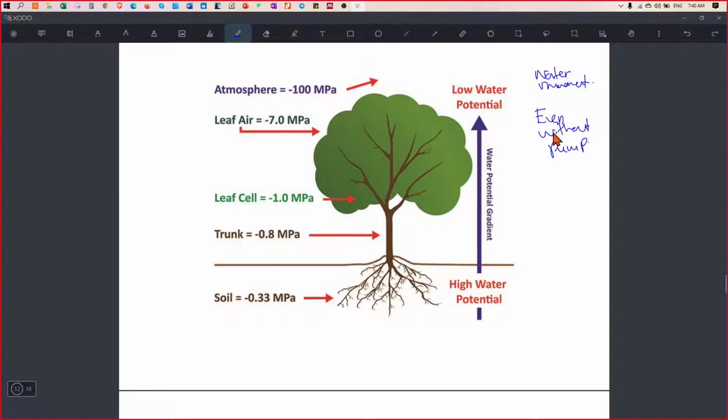We have a heart. Plants do not have a heart. So because of this water potential law, water can move from the region of higher potential to the lower potential, in combination with other things. What example of other things?